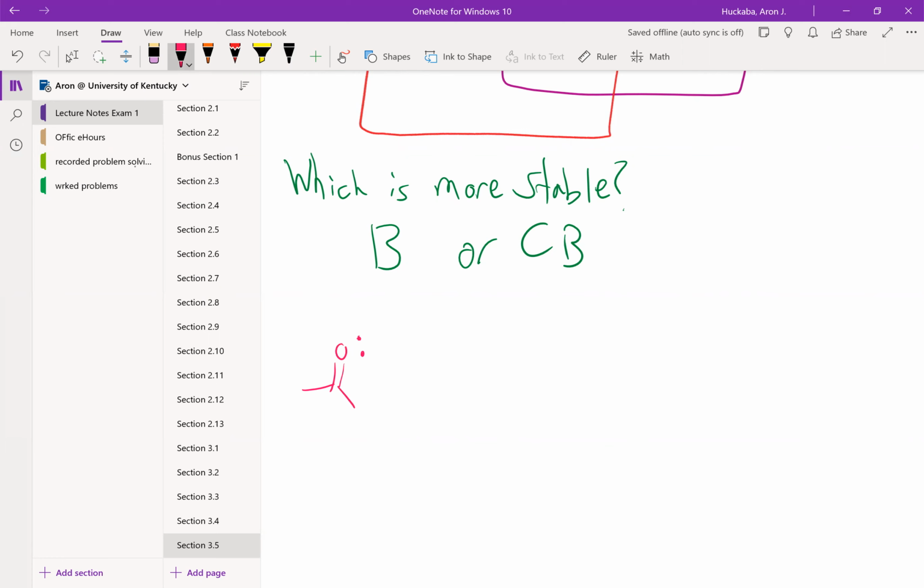Let's do this. There we are. And to this, we will add this is an okay version.